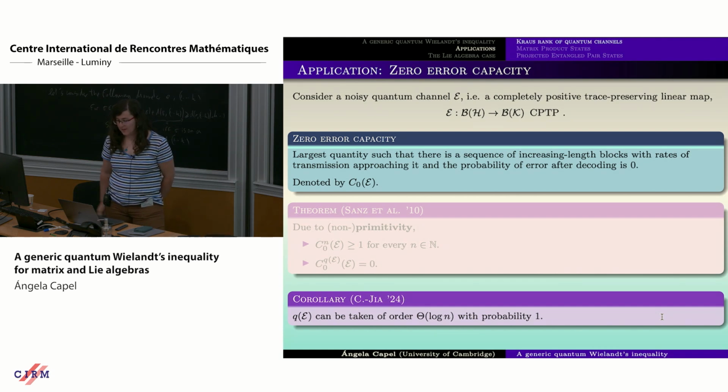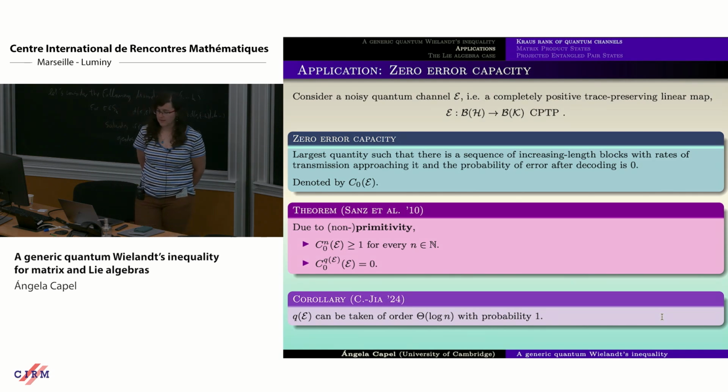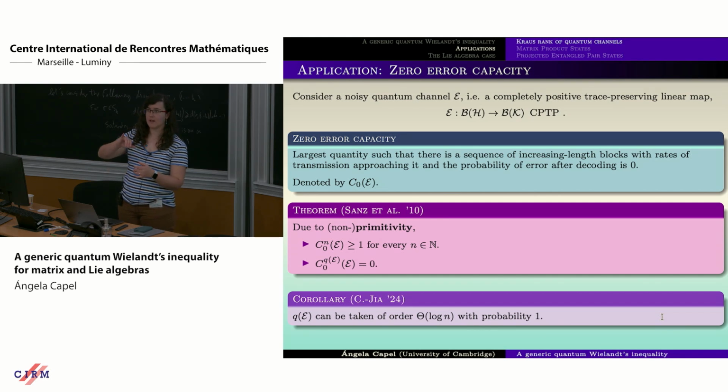But the interesting thing here is that in this same paper of 2010, they showed that because of the primitivity or the non-primitivity of the channel, you always have a dichotomic argument. So either you never go below 1 for this zero error capacity, or at some point this stabilizes at 0.